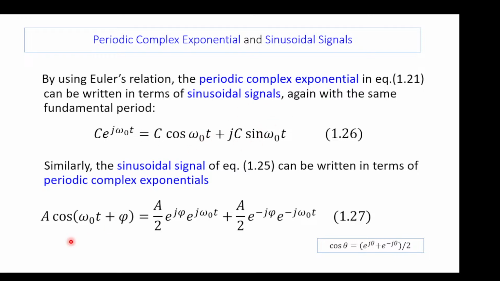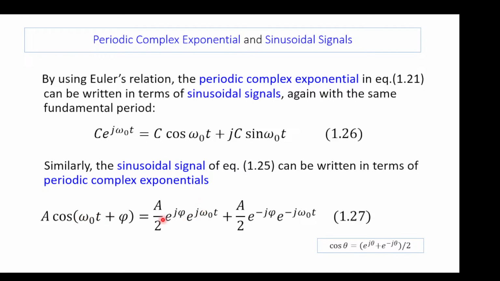And similarly, you can also write the sinusoidal as a linear combination of periodic complex exponentials. This is where we use the reverse Euler's relationship. So your cosine of omega naught t plus phi is e to the j (omega t plus phi) divided by 2, plus e to the minus j (omega t plus phi) divided by 2. You can kind of write it this way.